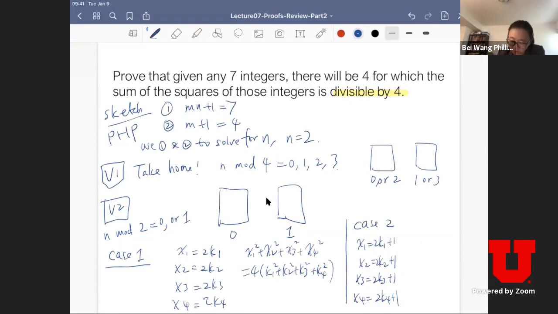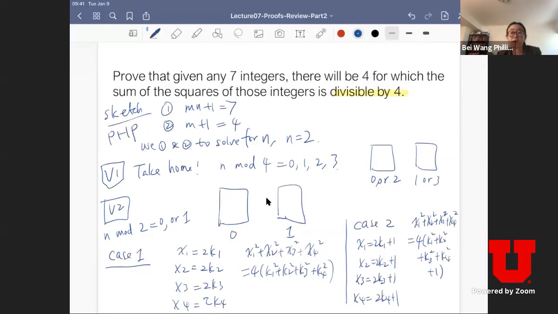Again, if I take the sum of them together, and through some factorization, you are going to get 4 times (k1 squared plus k2 squared plus k3 squared plus k4 squared plus 1).